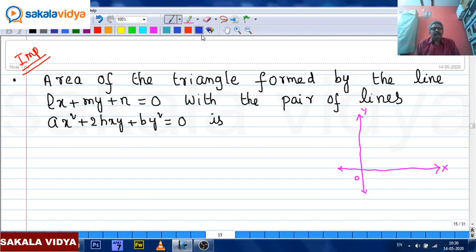For example, ax square plus 2hxy plus by square is equal to 0, represented by the two lines, say O. And another line, say this is A, B, this is O. Area of this triangle we need to find out.